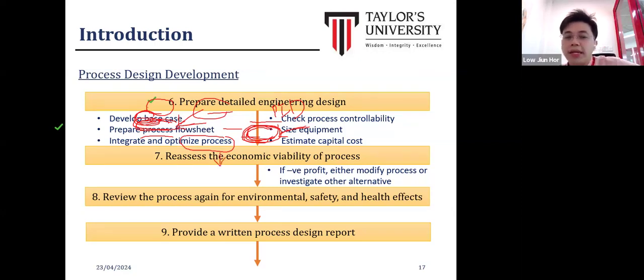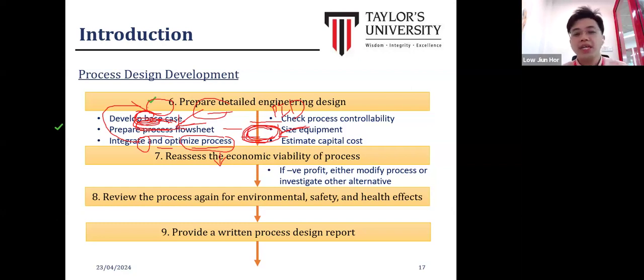If not, you may need to go back to step number 6 here to see any amendment or revision you can make in order to make sure your chemical plant design can assist you to generate money. Okay, so that's why step number 7 here, we assess the economic viability of the process, is very, very important.